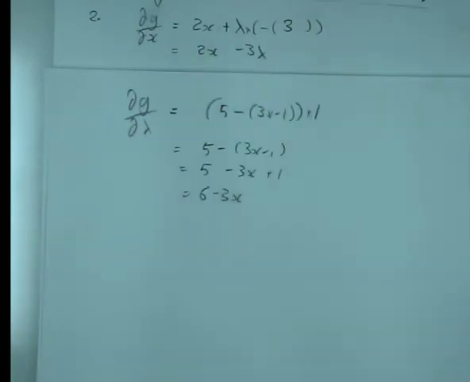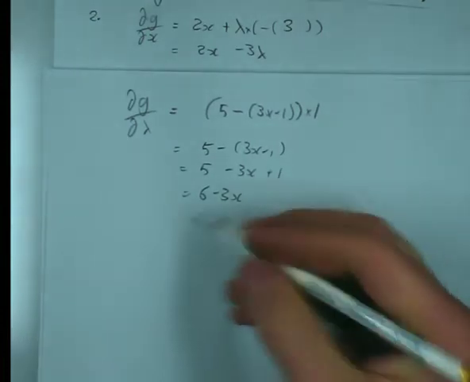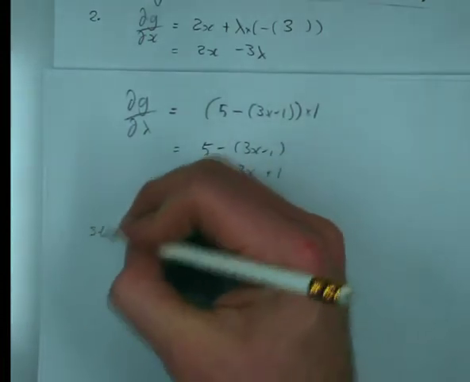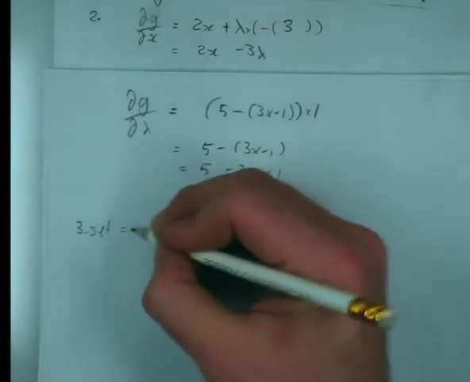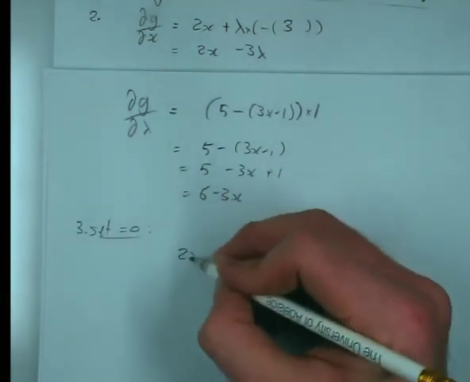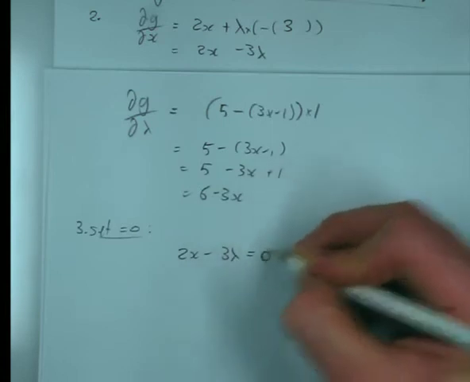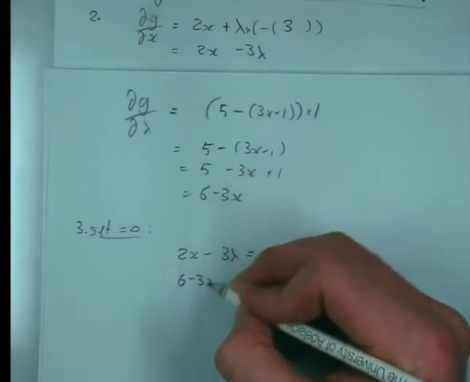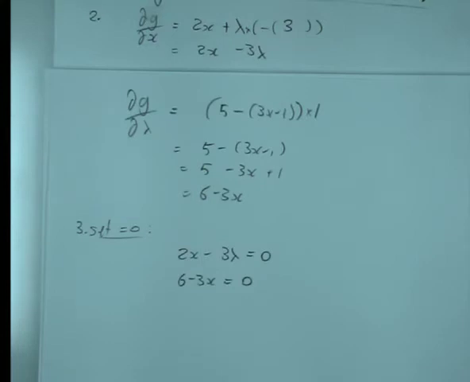So the aim is to figure out what x is, and so we try and make the lambda go away. We set them equal to 0, and I solve them simultaneously, and it tells me what the lambda is.